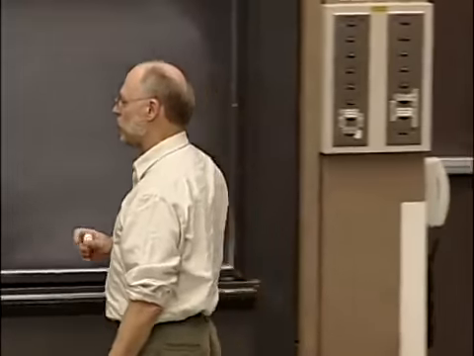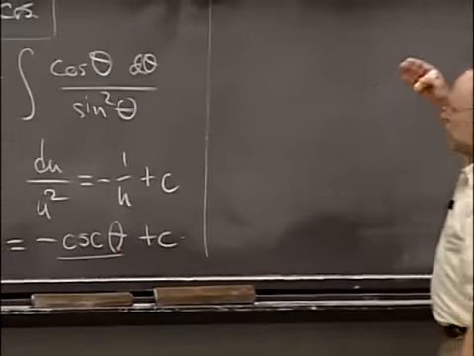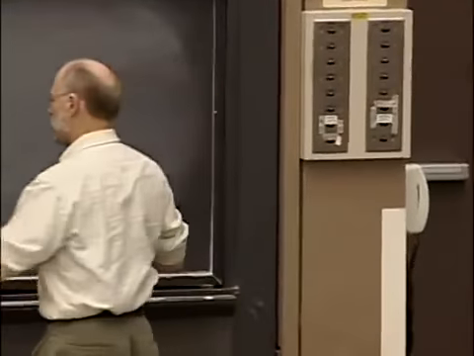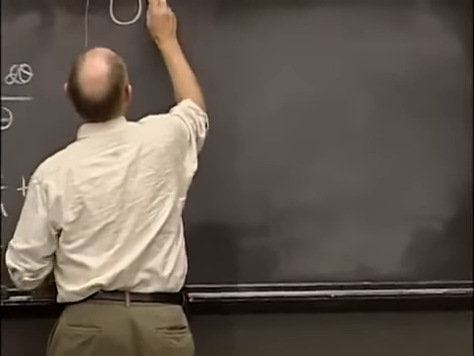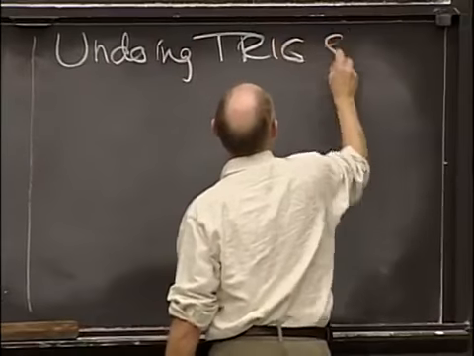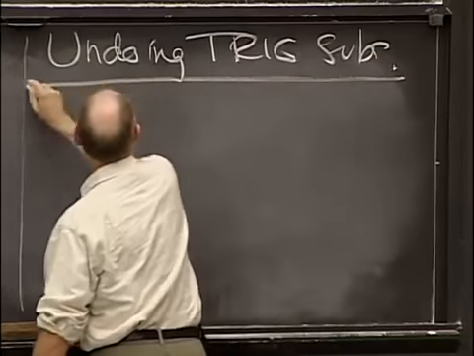This happens quite often. I don't know what the cosecant of theta is, but I do know what the tangent of theta is. So I want to make a relation between them. Okay, so undoing trig subs.